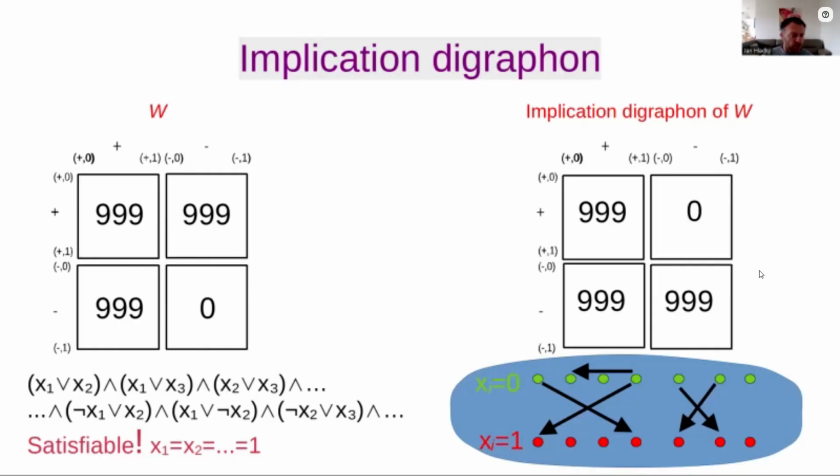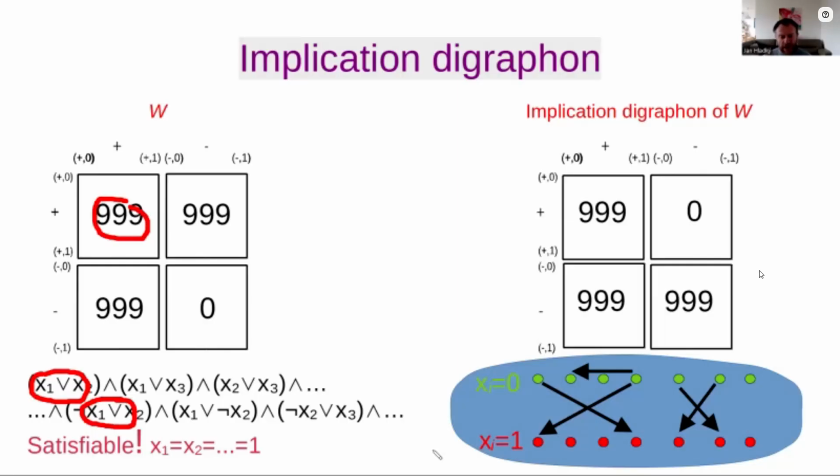Formally, we will have plenty of clauses with two positive variables, because the value here is huge. And we have plenty of clauses with one variable negated and the other positive. So our random formula is very long, but at the same time it is satisfiable because we can set everything to 1. Okay, and now if you want, you can see it from the implication digraph and digraphon.